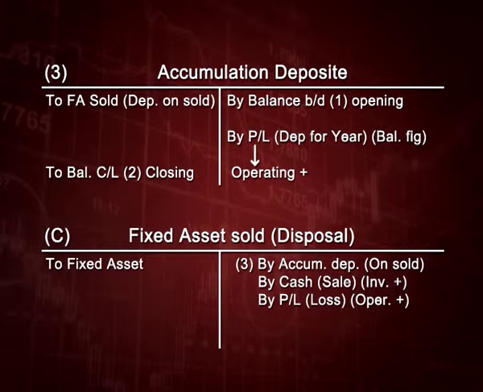Similarly, in accumulated depreciation account, we start with opening balance on the credit side, point number 1, closing balance on the debit side, point number 2, and the third point is whatever fixed asset has been sold, there must be some depreciation on that, and now it has gone outside the business. So, on the debit side we will write to fixed asset disposal, that is depreciation on sold asset, which will be transferred to the credit side of fixed assets sold, because every entry has two aspects, one debit and one credit.